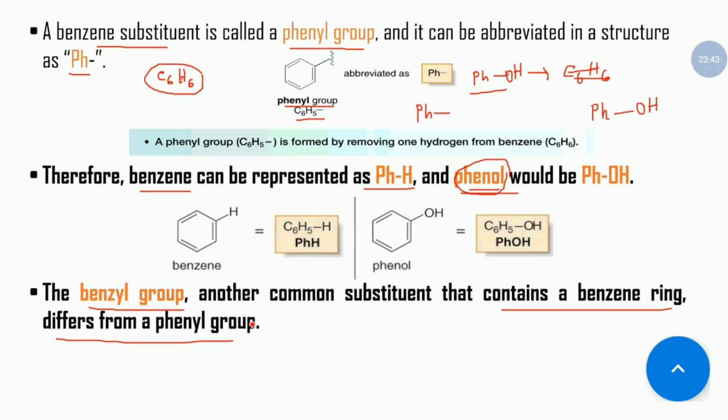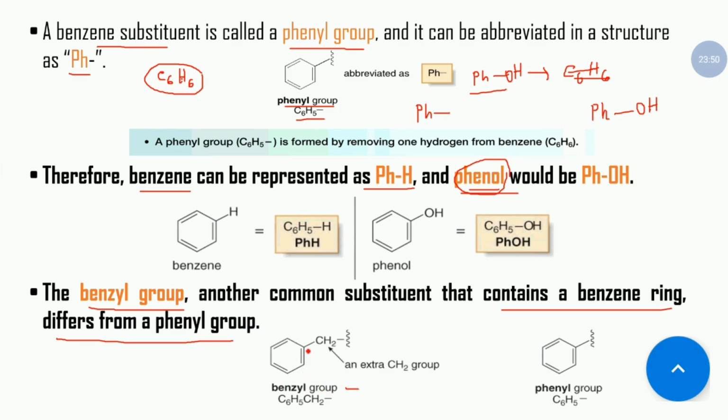So what is the difference? Here you can see the benzyl group. In phenyl there is an extra addition of a CH2 group, after that a single bond. So this total group is called the benzyl group.